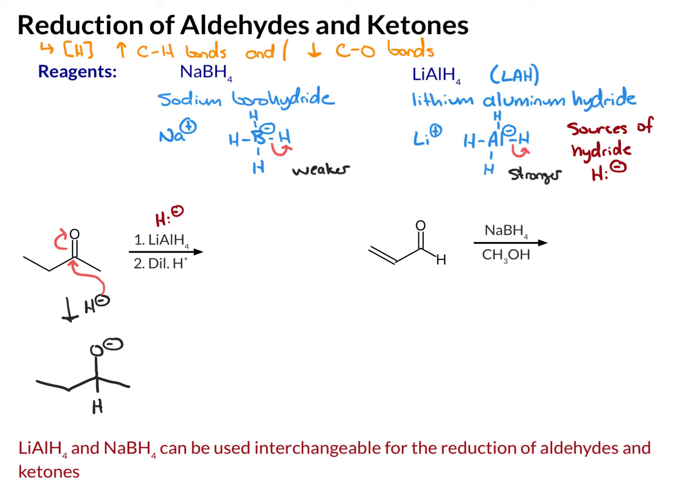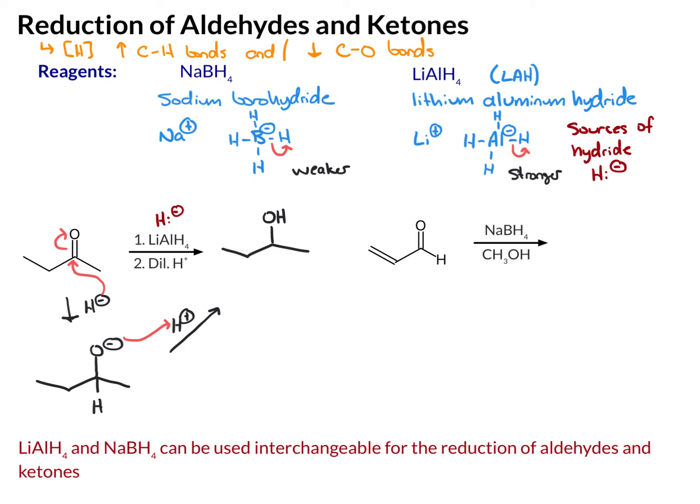So that's why you see a second step where we add dilute acid. And what the dilute acid does is it just protonates that oxygen. In the product, I'm not going to draw the hydrogen in, but be aware that it is there.